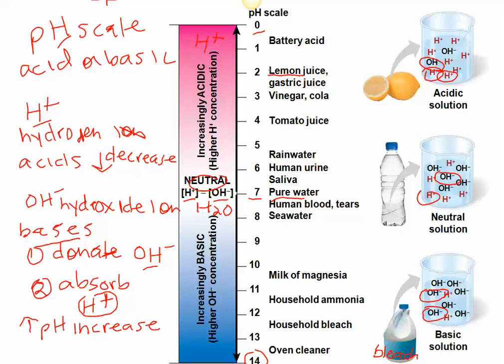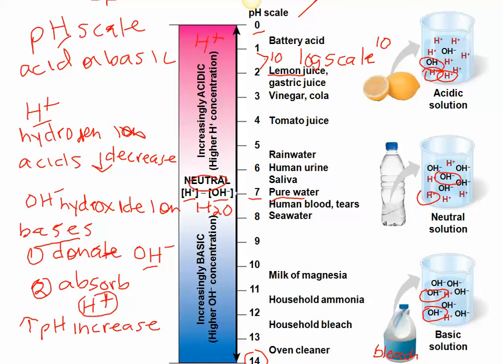Now, one more thing I need to mention about the pH scale. The pH scale is basically a log scale, which means it's based on the number 10. So every time we go down the scale or even up the scale, it's not a change of 1, but it's actually a change of 10. So for example, as we go from pH 1 to pH 2, that's a difference of 10 times because we move 1 time.